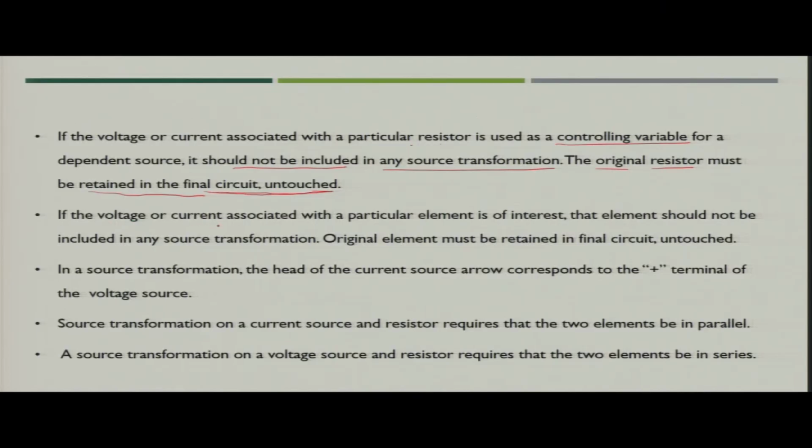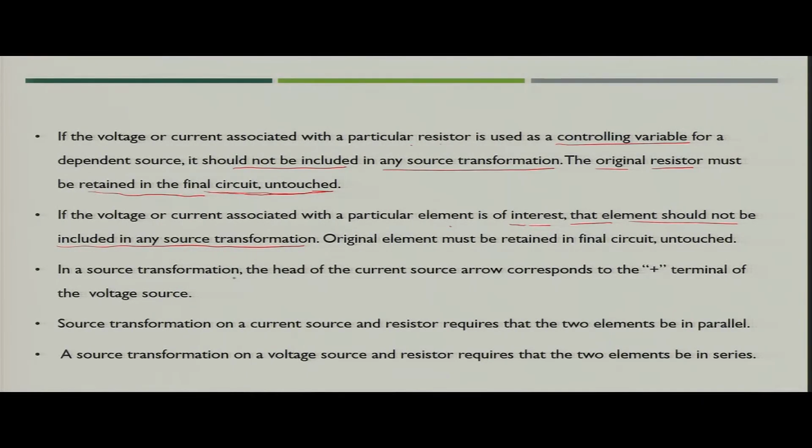The voltage or current associated with a particular element is of interest. That element should not be included in any source transformation. So, suppose even if there is no dependent voltage or current source, but we want to find out the voltage across an element or current through that element, we will not use that element for any source transformation.